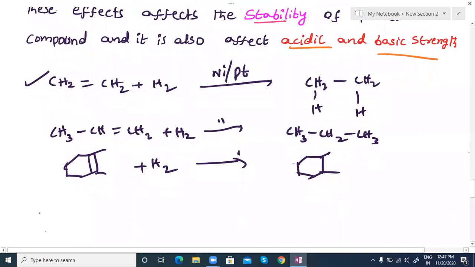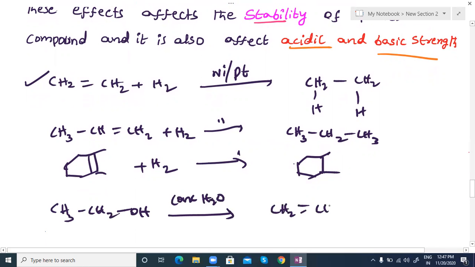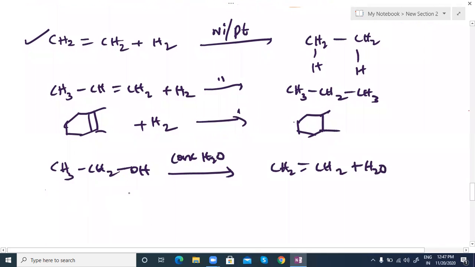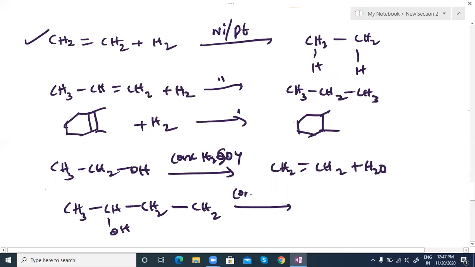And even one more reaction you know: dehydration of alcohols. CH3CH2OH in presence of concentrated H2SO4 gives the product alkene, CH2=CH2, plus H2O. This is very clear. Now if I take CH3-CH(CH3)-CH2OH, same concentrated H2SO4, what are the products?